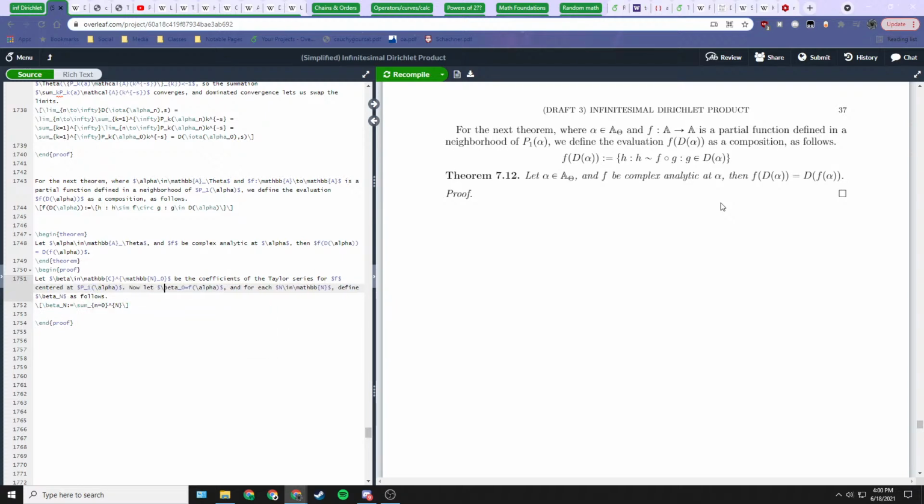Now let alpha 0 be f of alpha, and for each n natural define alpha sub n as follows. So alpha sub n is the sum from 0 to n of beta sub little n of alpha minus p1 of alpha to the power of n.